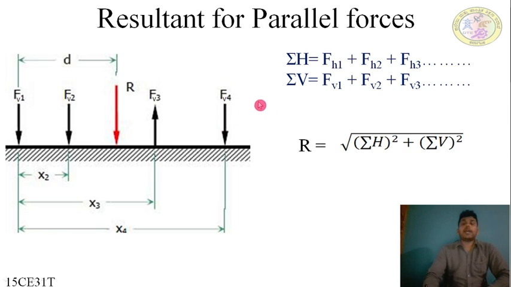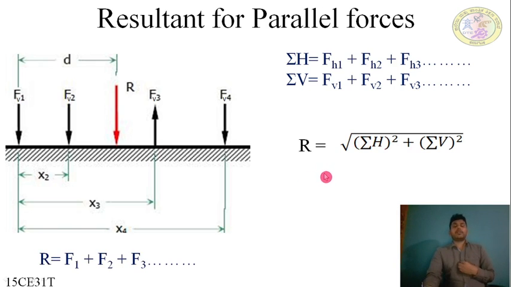Next, to calculate the resultant, we have to substitute this sigma H and sigma V in the resultant formula. The resultant formula is R equals the square root of sigma H square plus sigma V square. In case of direction, the resultant force is directly F1 plus F2 plus F3 plus F4.